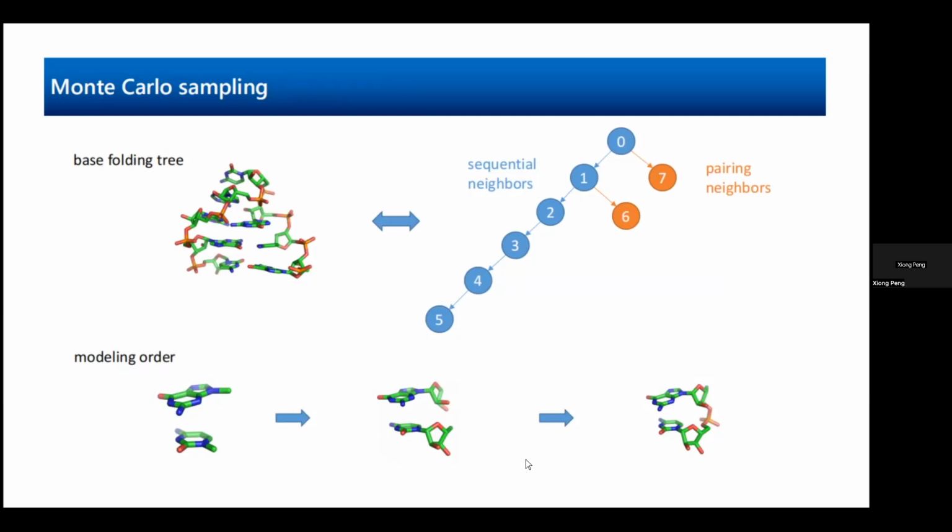To do the structure modeling, we first model the coordinates of the base, and then we add the ribose, and then we add the phosphate. So instead of searching the structure space in the backbone dihedral angle space, we do the sampling in the base orientation space. So this is much more efficient.